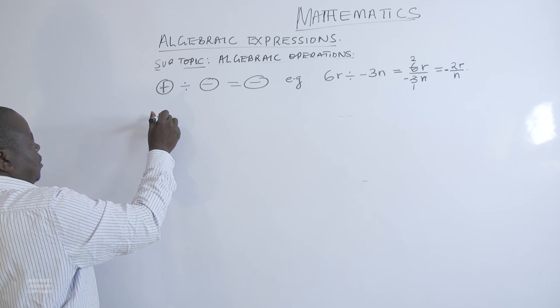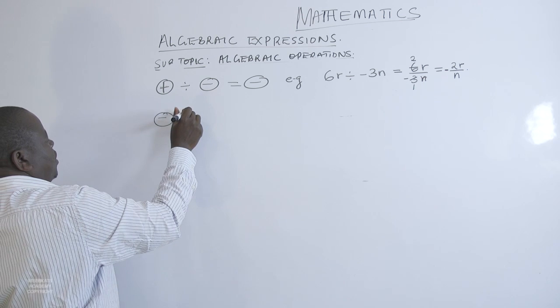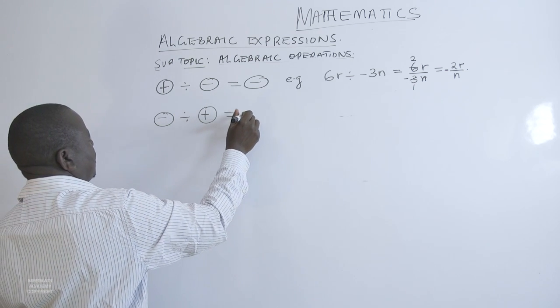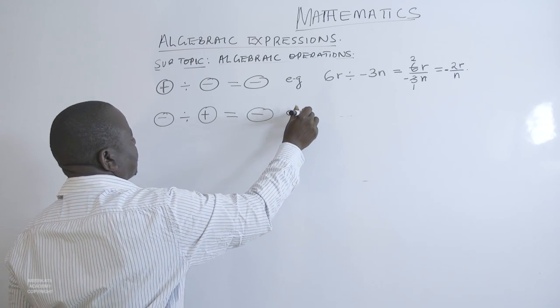Likewise, negative divided by positive, the result will still be negative. Let's look at an example on that.